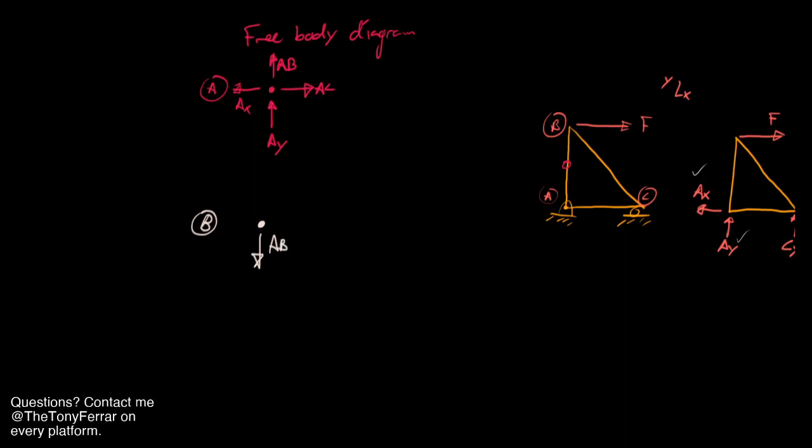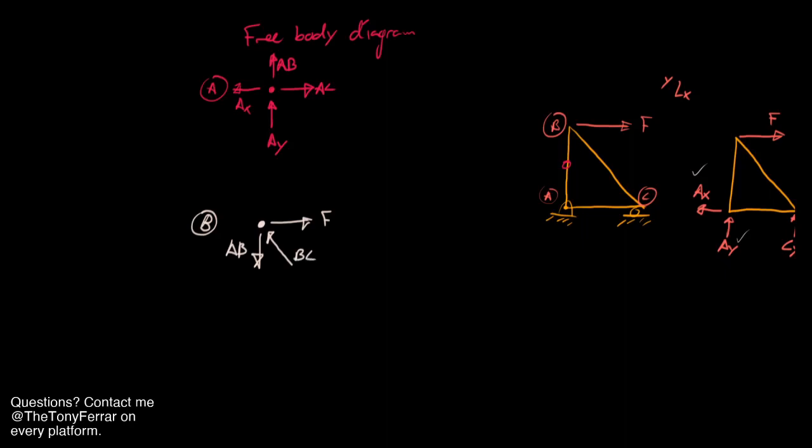And we have the force AB. F still acts horizontally at joint B. And lastly, we have a force for the diagonal member, which we will call BC.